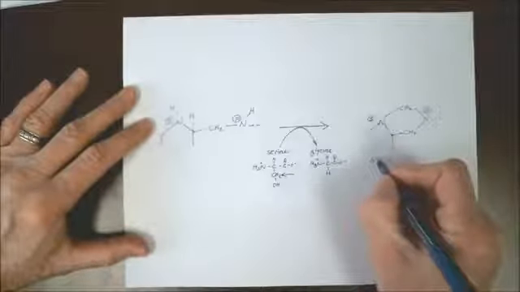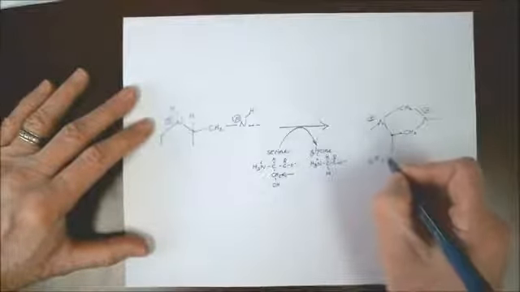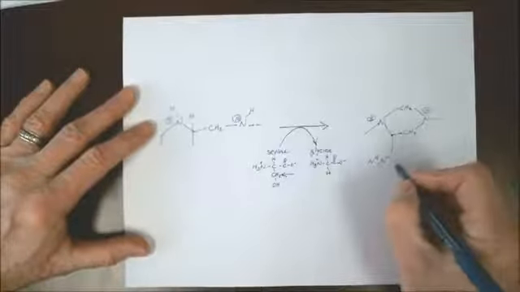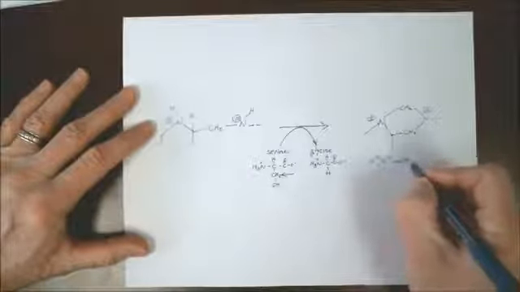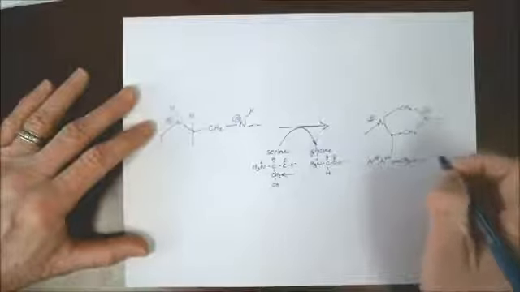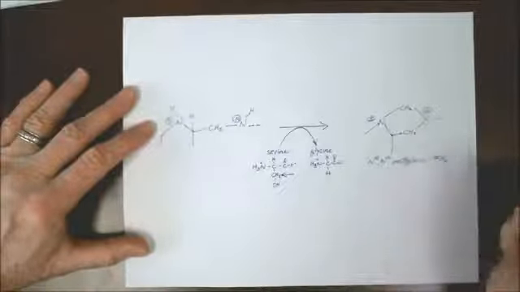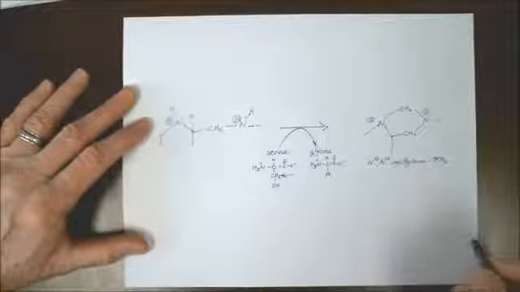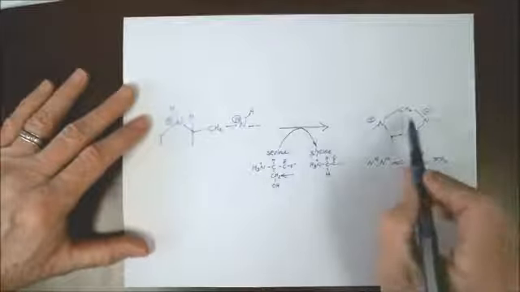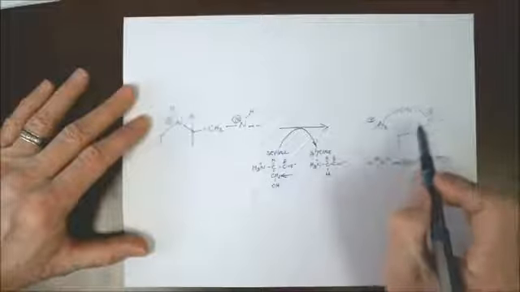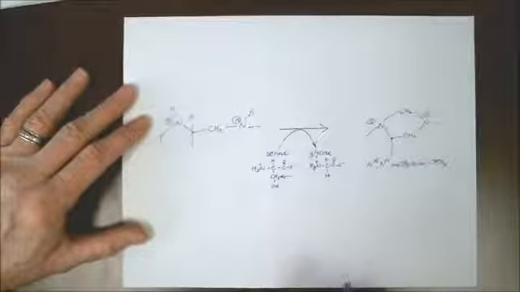And the name of this structure is N5, N10 methylene tetrahydrofolate. So this carbon source here, bonded to these nitrogens, is a good leaving group.